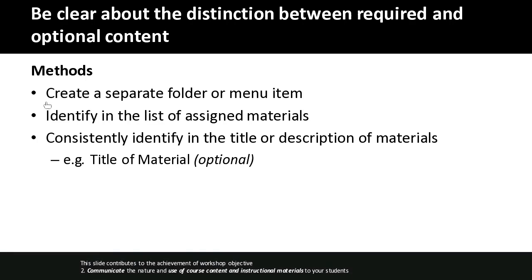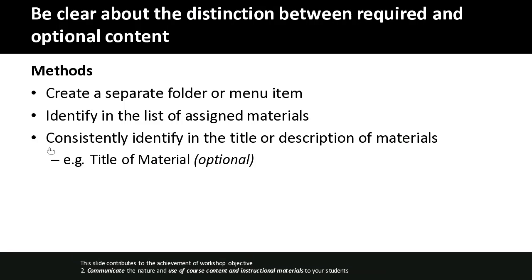You can specifically identify a list of assigned materials. So there's definitely a list for assigned materials, that required material, and then maybe a separate list for that optional material. Or you can consistently identify in the title or description of the materials.